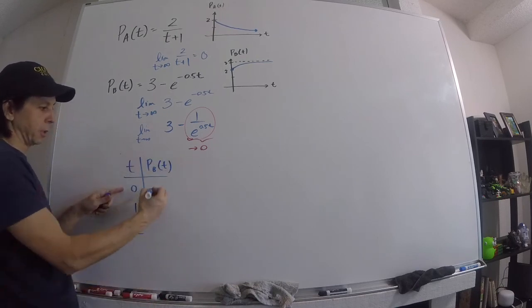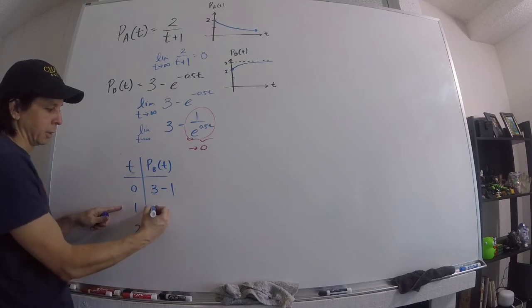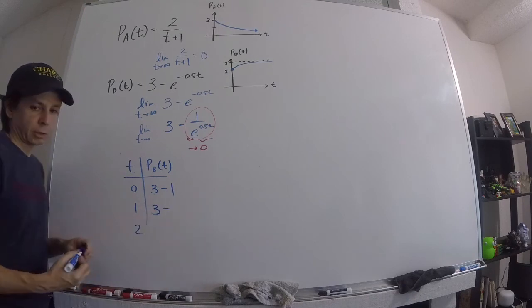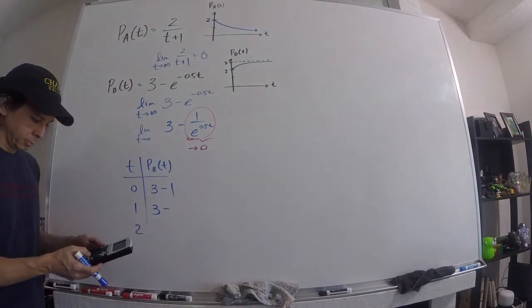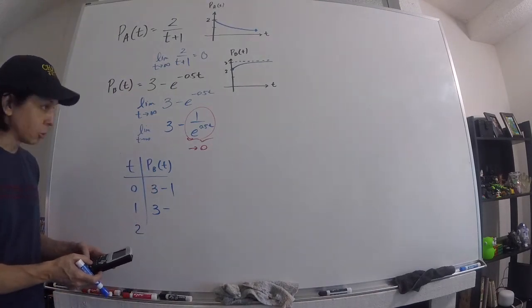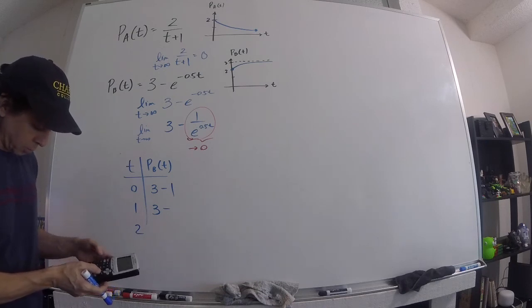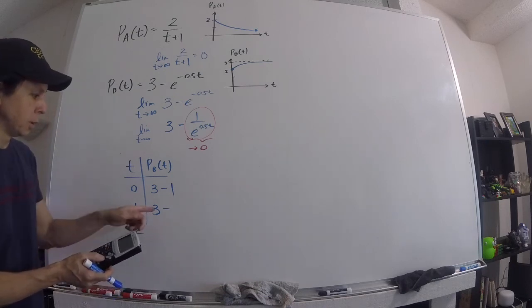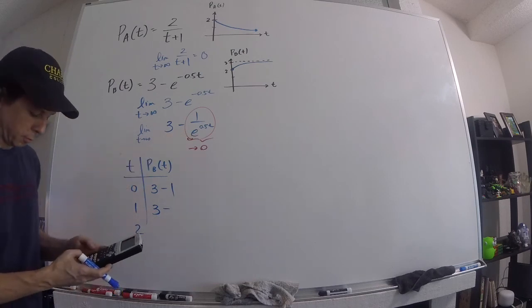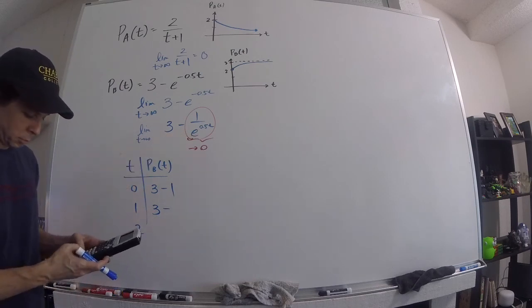So at 0, it'd be 3 minus 1. At 1, it'd be 3 minus something that's a little bit smaller than 1. Let me actually do it. Exponential. Oops, wrong one. Exponential to the, what are we doing? Negative 0.5.